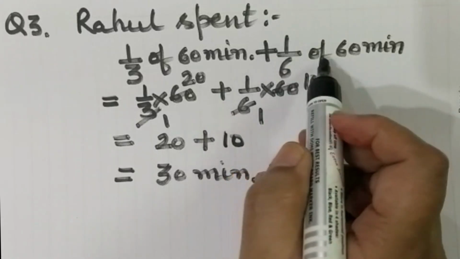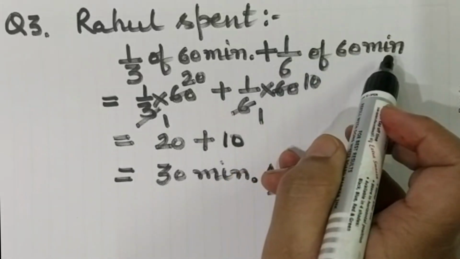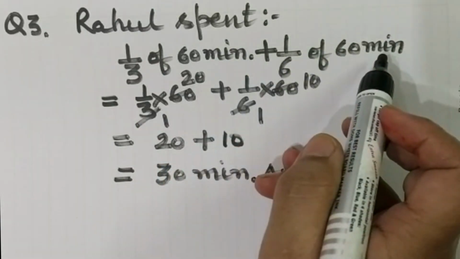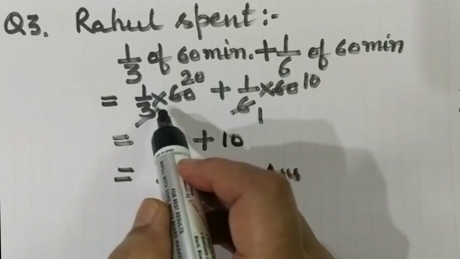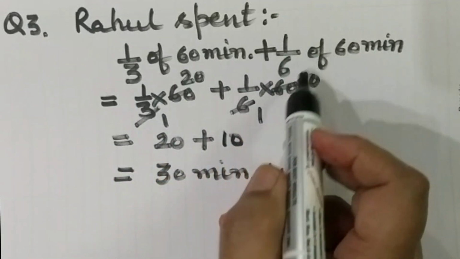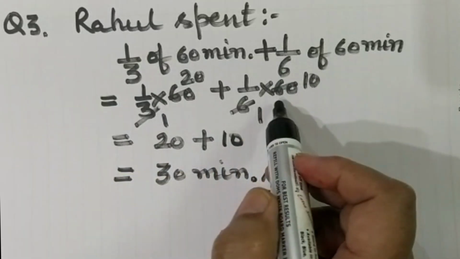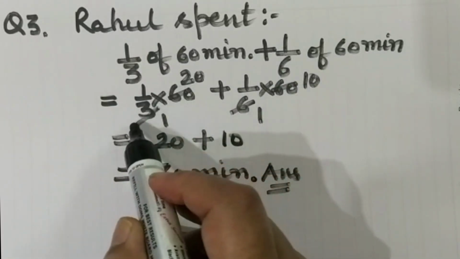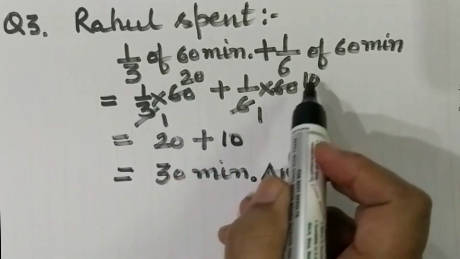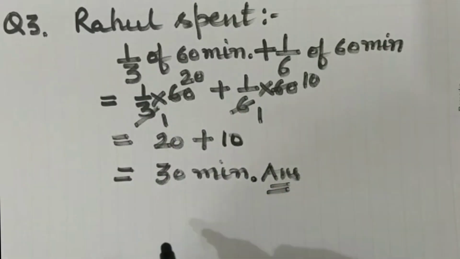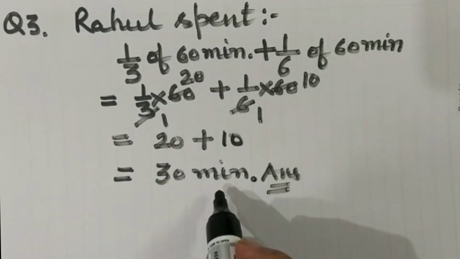So we convert into minutes. So 1 upon 3 of means multiply 60 plus 1 upon 6 of multiply 60. So 60 is a multiple of 3. 3 ones are 3, 3 twenties are 60, 6 ones are 6, 6 tens are 60. So we get 20 plus 10. So the answer is 30 minutes.